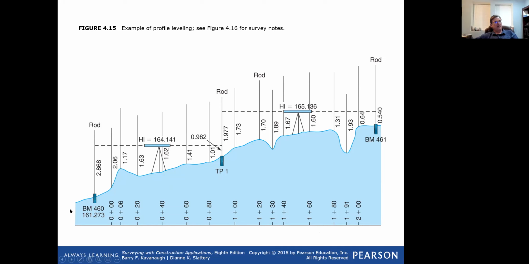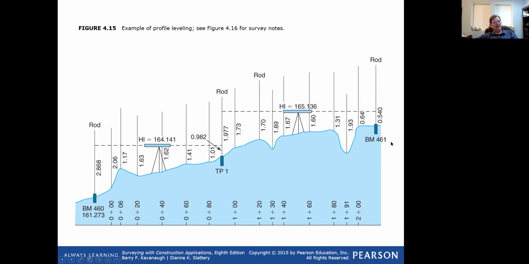You're taking this known elevation at a benchmark. You come up, you get the elevation of the instrument, the HI, which is the elevation of being truly level through the instrument. And then all of these are negatives. We have a negative 2.06 to get the elevation right here, a negative 1.17 for this elevation. And then you go through the whole process, and over here in theory, you would check to an elevation that's known.